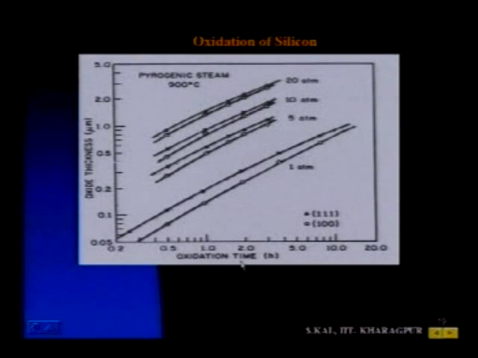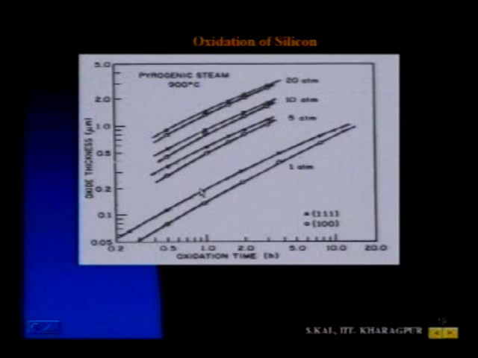For example, here is a 1 hour time. In 1 hour, at 1 atmospheric pressure, you are getting about 0.2 micron oxide thickness. But at 20 atmospheric pressure, the oxide thickness is roughly 1.8 micron.